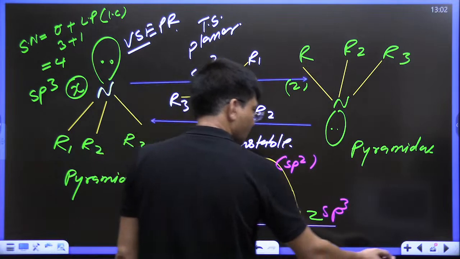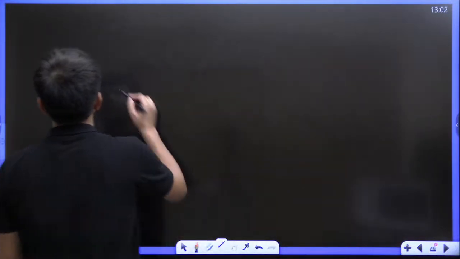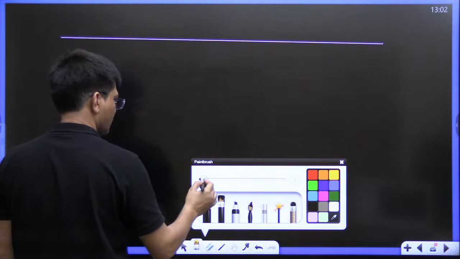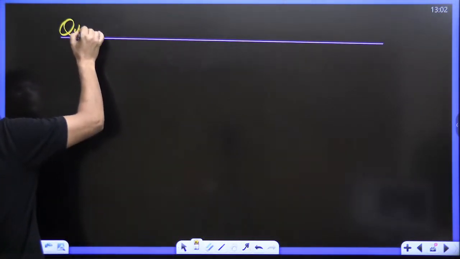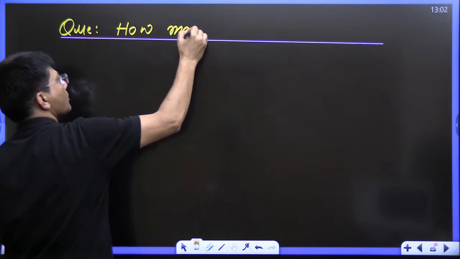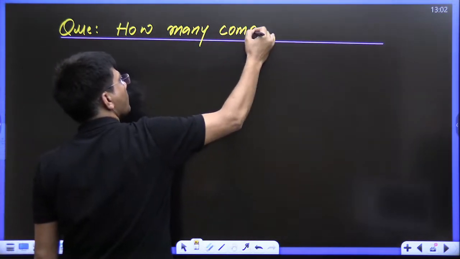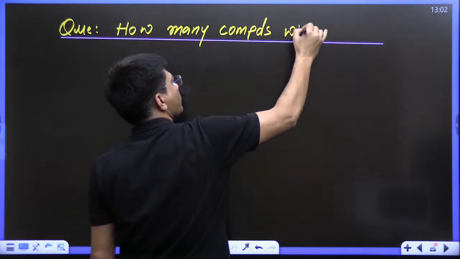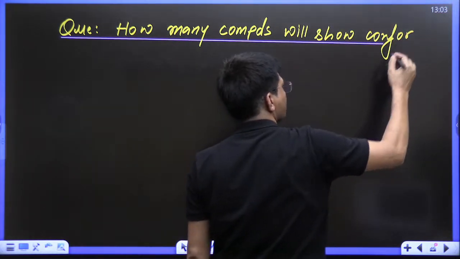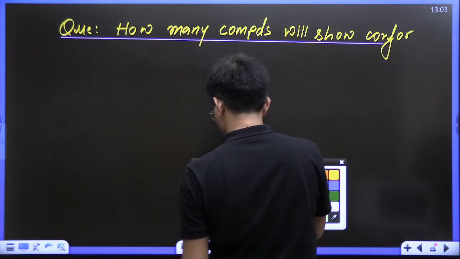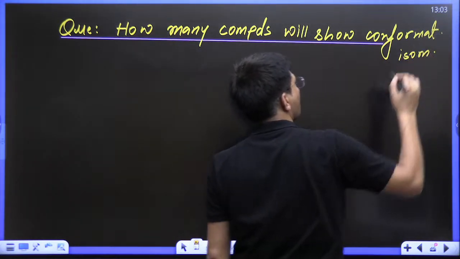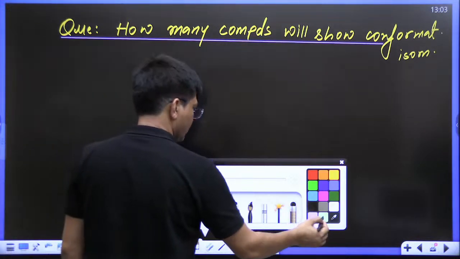Question number 1. How many compounds will show conformational isomerism?